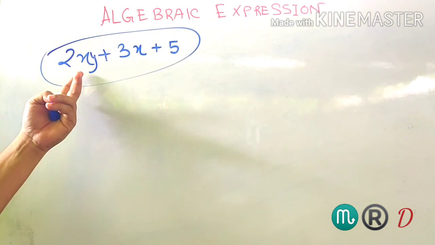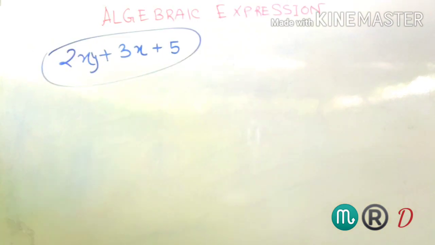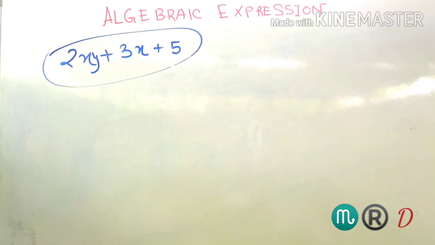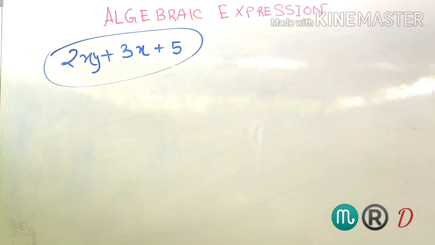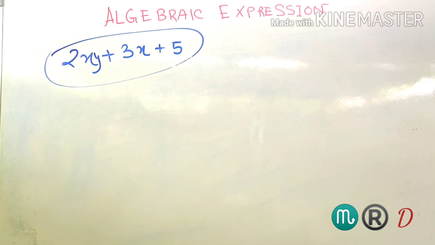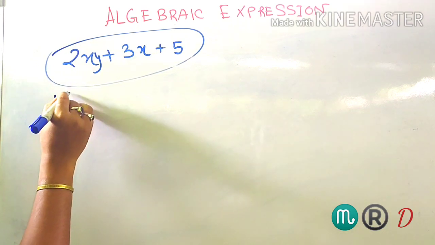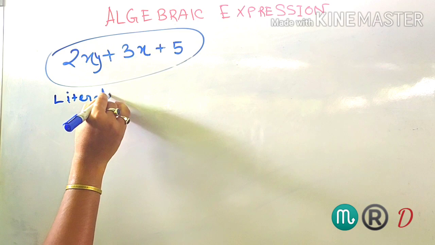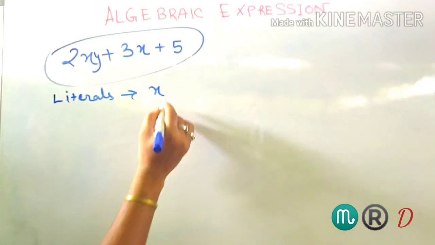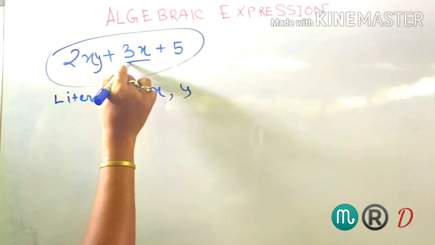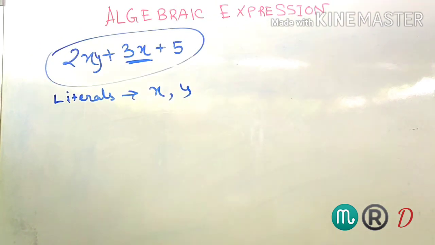Now this is another example of an algebraic expression: 2xy plus 3x plus 5. Here 2xy and 3x are literal parts, and 5 is your constant, and the operation is the plus sign. They are combined. In this expression, x is a literal, y is also a literal. 3x will not be a constant term because the variable x is there. 2xy will also not be a constant term because the two variables x and y are there.